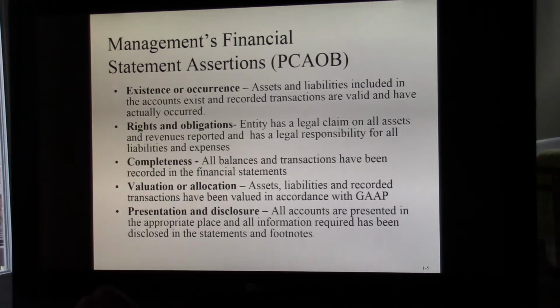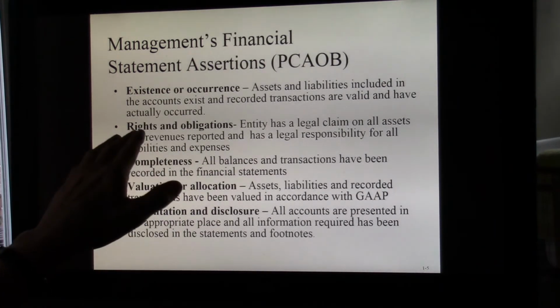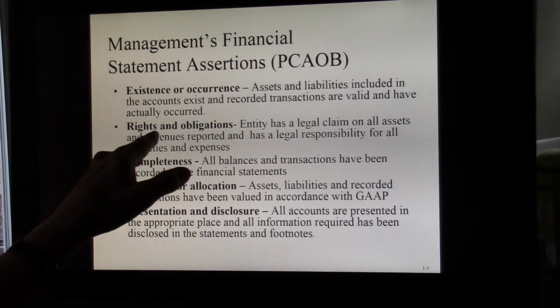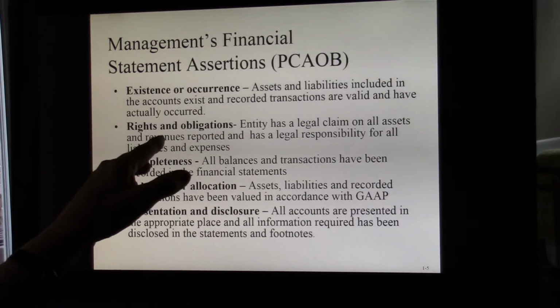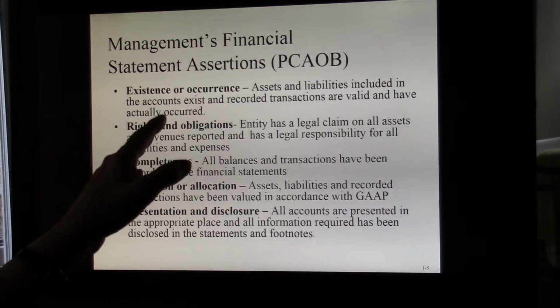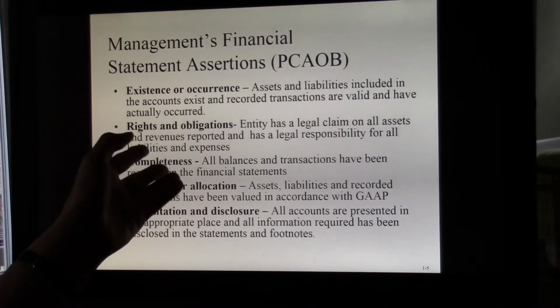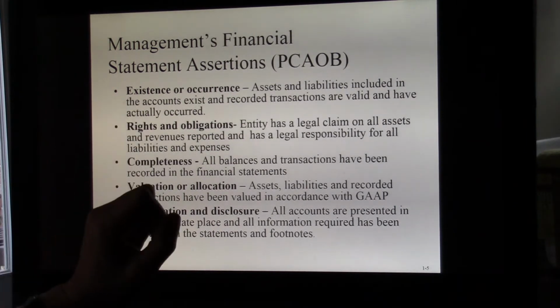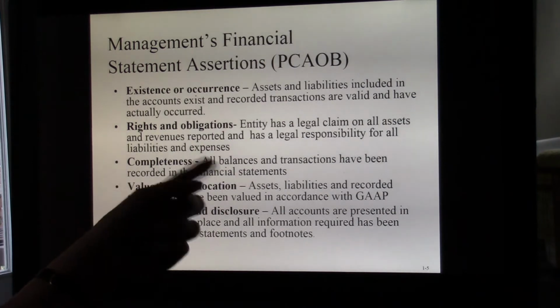Or that sale occurred. You have the rights to that machine. You actually own that machine. If you're putting that machine on your balance sheet as a fixed asset, you actually own that. It's not a machine you've rented, right? So you have the right to that. Complete. You haven't left anything out, right?